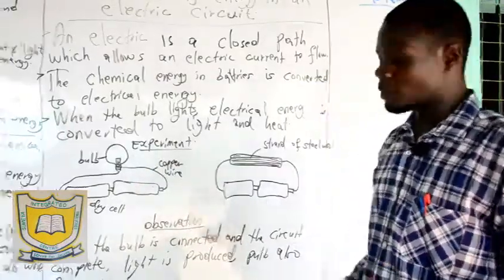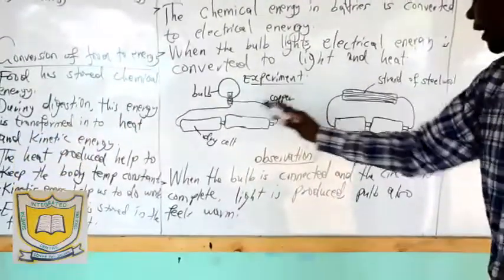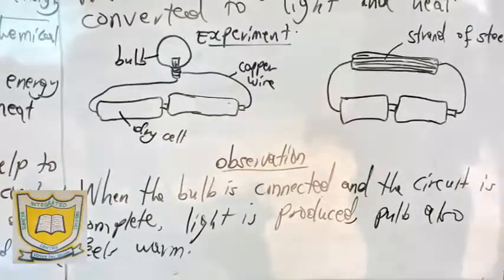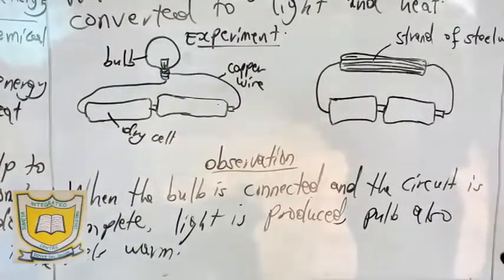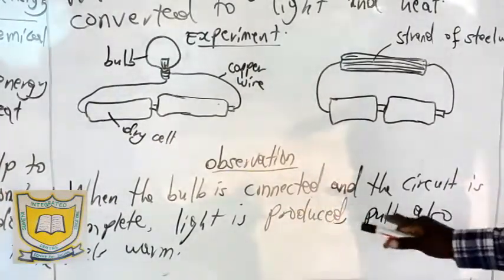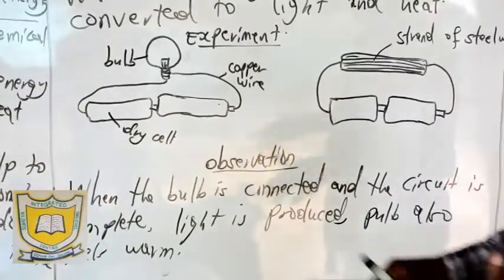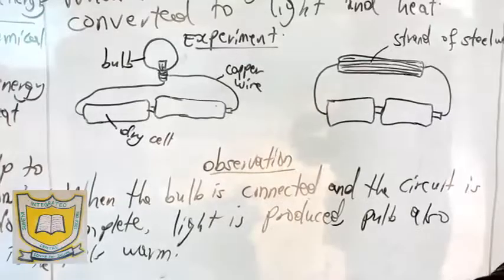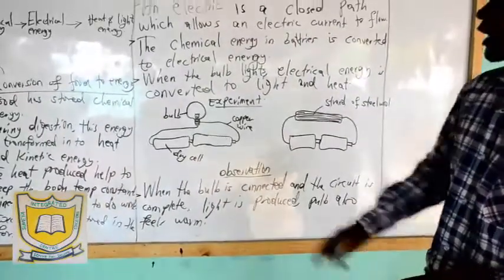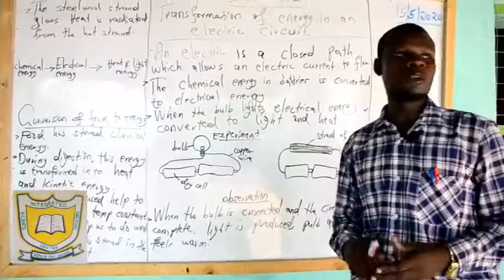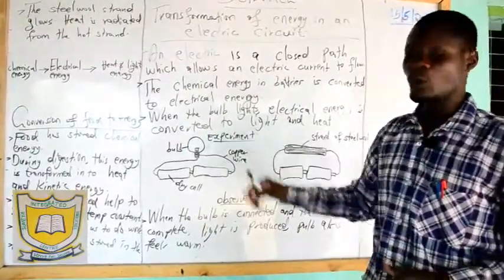Now, what will you observe? After performing such an experiment, you realize that when the bulb is connected and the circuit is complete, light is produced, and the bulb also feels warm. If you feel the bulb with your hand, you find that it is hot.